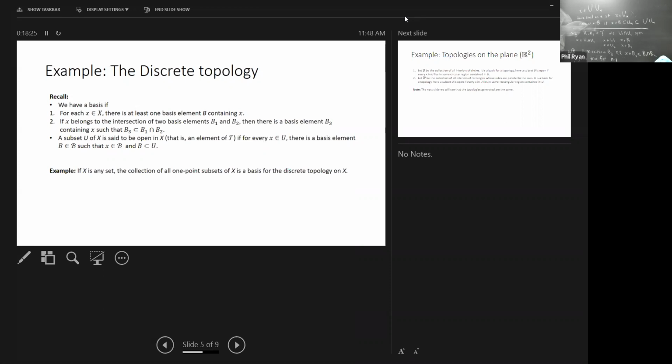For each element, there has to be at least one basis element containing it. So given an element x of X, what's the basis element containing x?